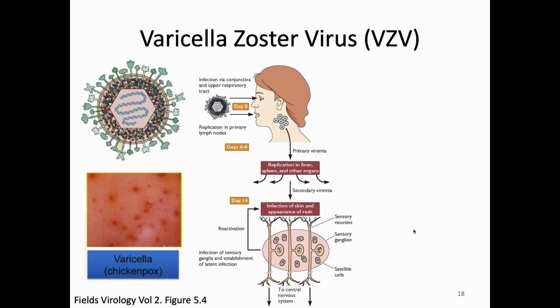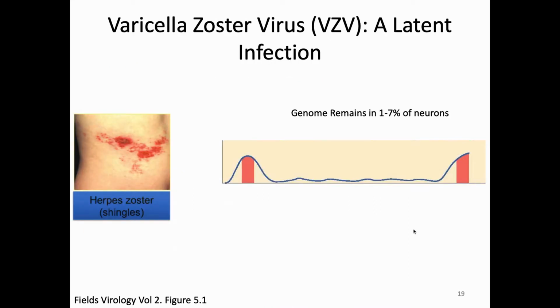So even if you have Varicella zoster, when the chickenpox goes away, your body still has this virus living latently in its neurons. And at some point, this virus can come back. And when the virus comes back, it comes back as shingles, and you get shingles. So shingles is just when your chickenpox comes back.